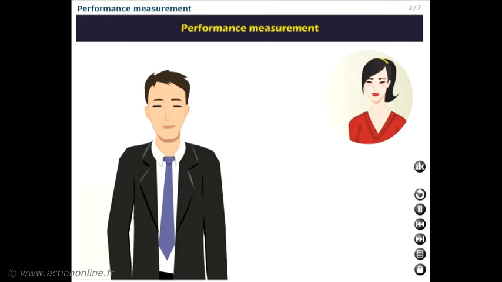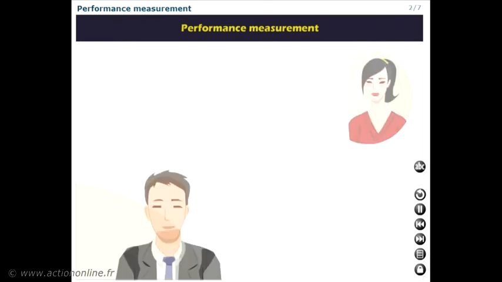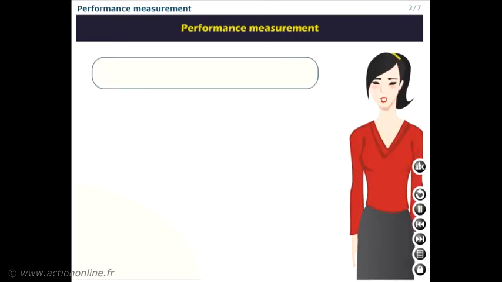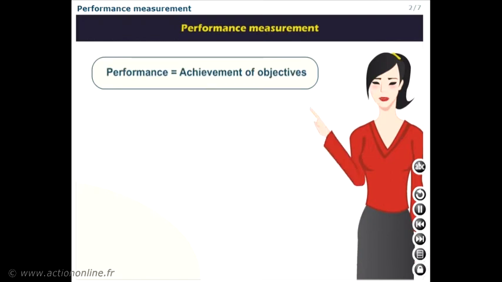Sophie, I know that these tools are used to measure performance, but what does measuring performance actually mean? We normally take performance to mean achieving our objectives. So, performance measurement involves verifying whether we have achieved or whether we will achieve our objectives.